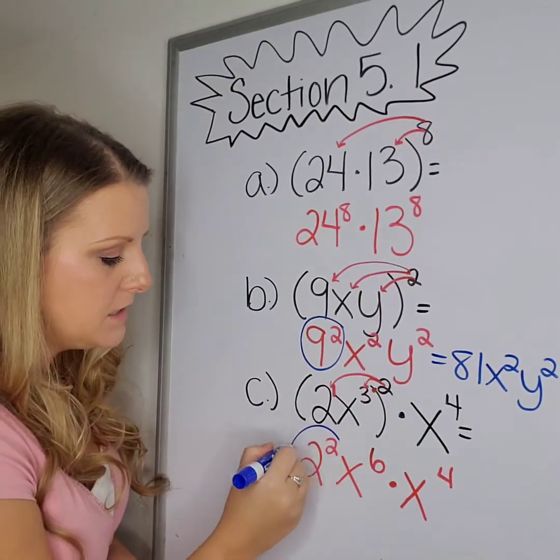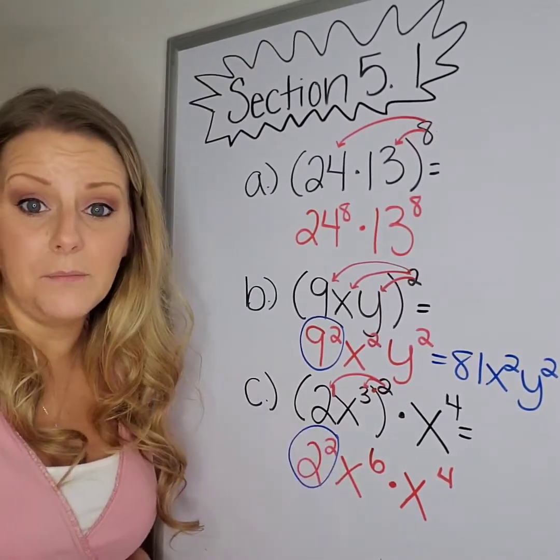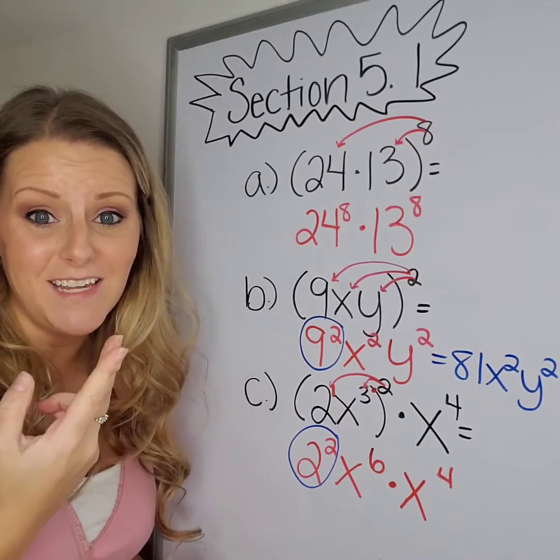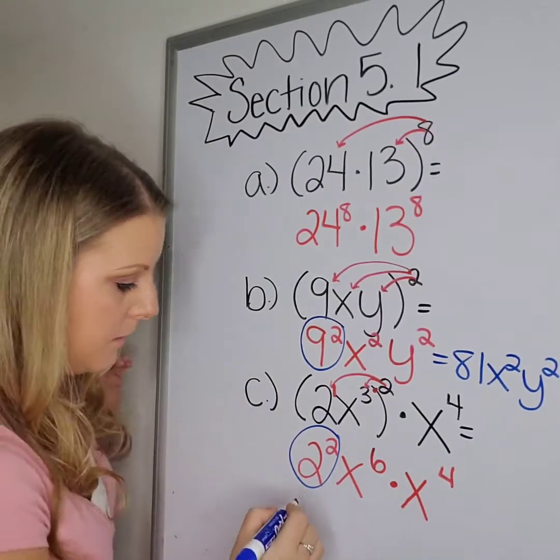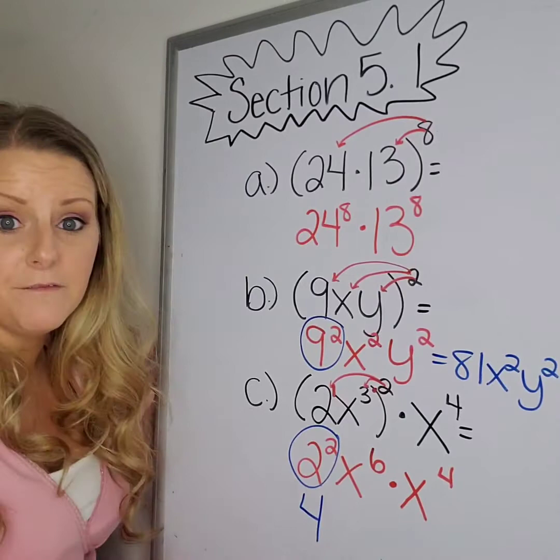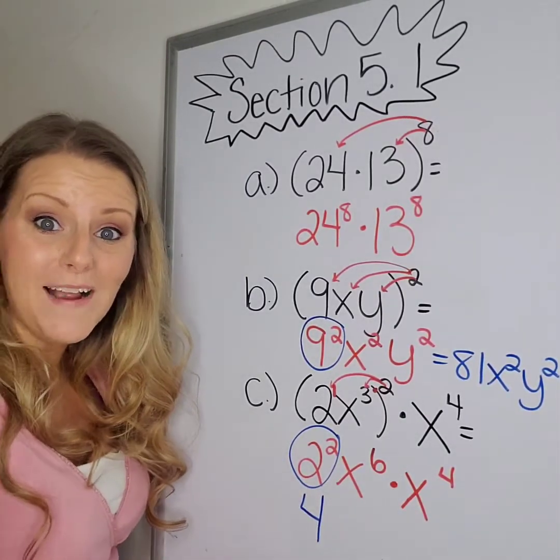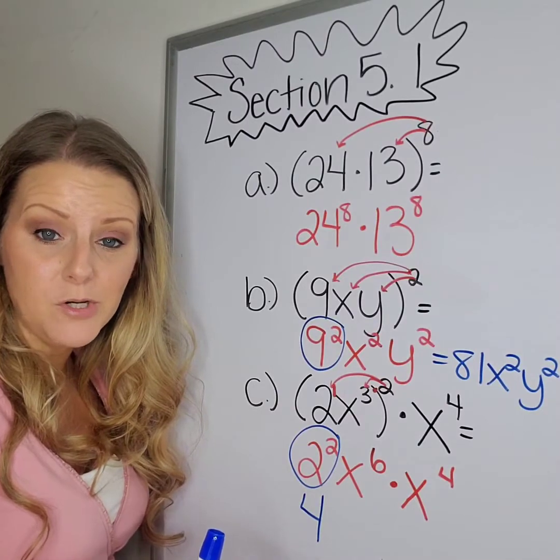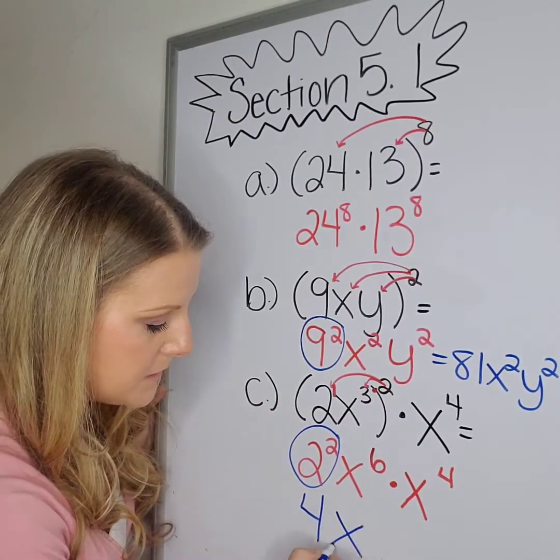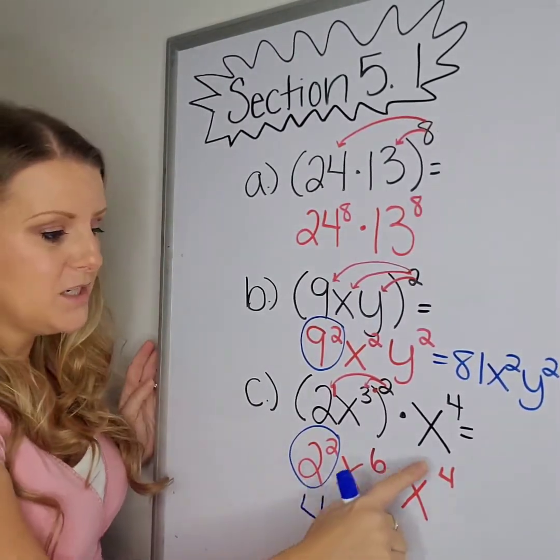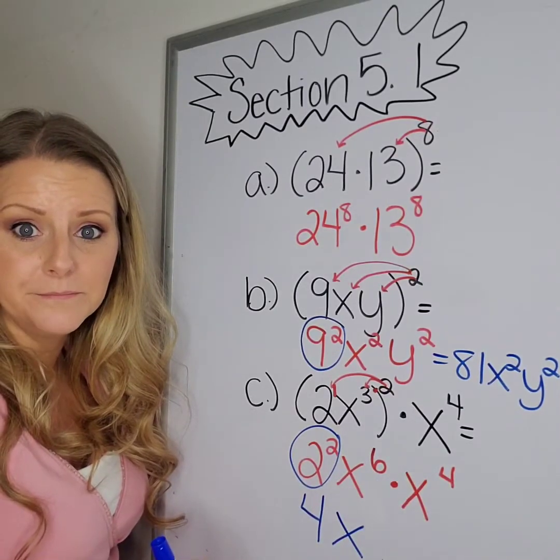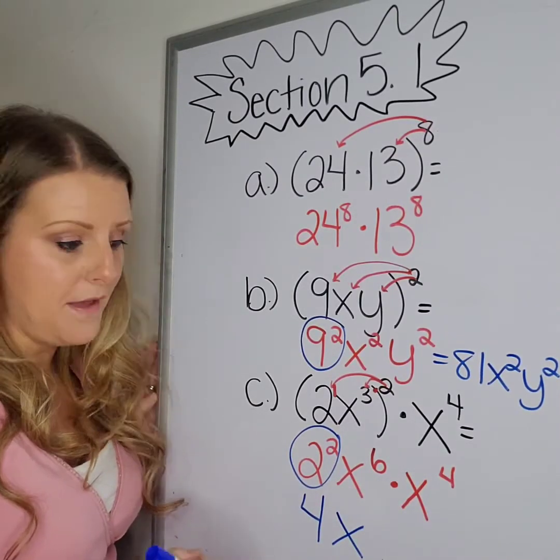First of all, this is easy. 2 to the second power. 2 times 2, twice. That's it. 2 times 2 is 4. So we're going to replace that with a 4. But these have the same base. So go back to the very first example I showed you. And when the bases are the same, you keep the base. And what do you do with those exponents? You add them.